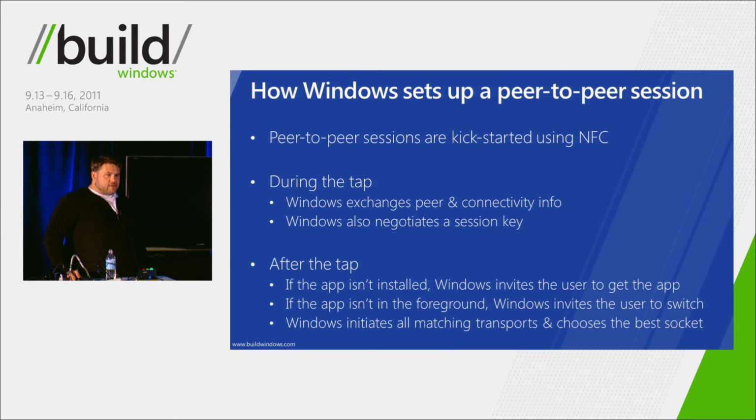So when a session is actually requested, and the proximity API knows about this, then during the tap, Windows exchanges peer information and connectivity information. The peer information includes things like app identity and the namespace of the Windows store. It's an important point I'm making here, which is that the protocol mechanism that we have defined supports other systems.